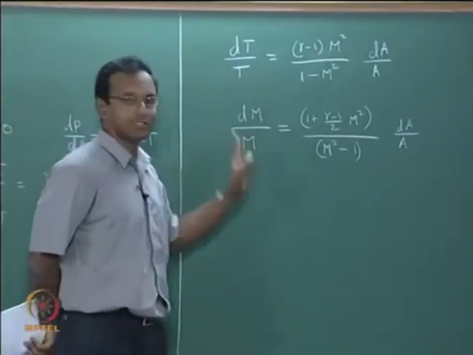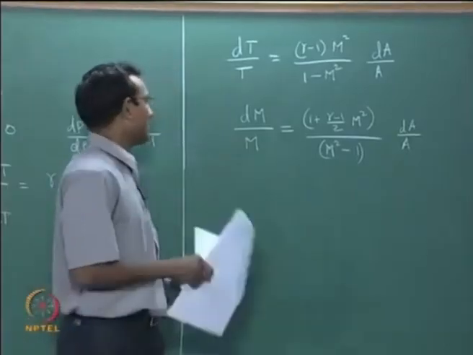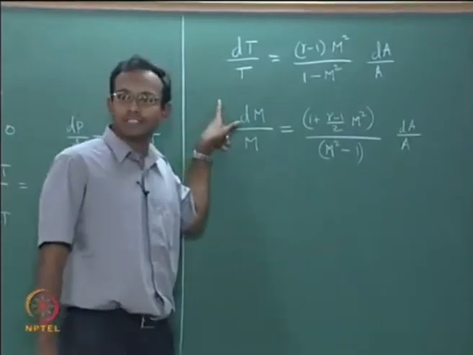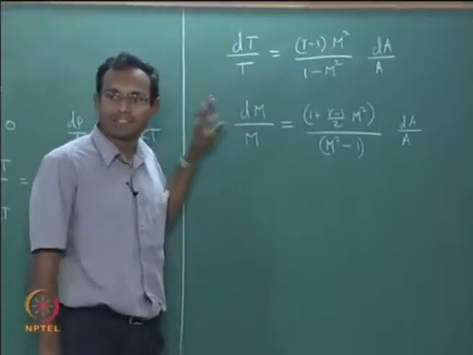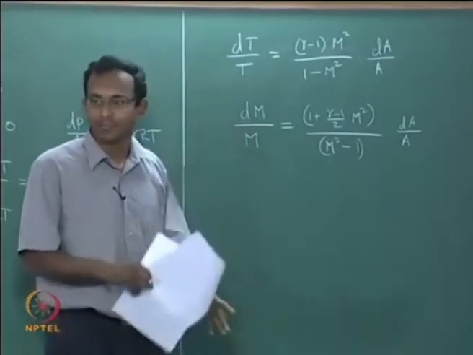That is what this gives. And we have already used this in telling what happens if I increase area, and what happens if I decrease area. All that expression we have already tried before.